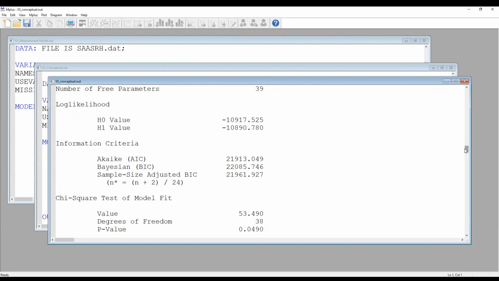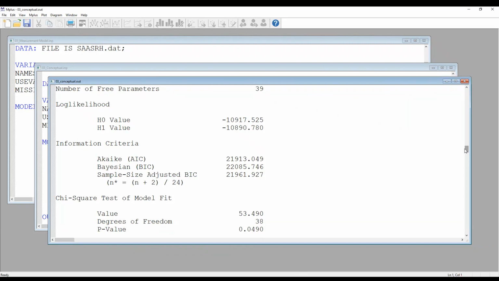Which is why I think the chi-square difference test is a much better way to compare this model to the last model, versus going, oh, the last model had a p-value of 0.051 and this model has a p-value of 0.049, so the last model must be better. I think that's flawed logic.